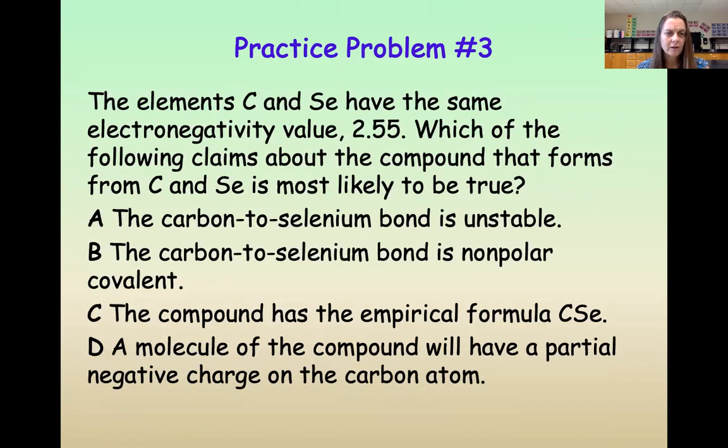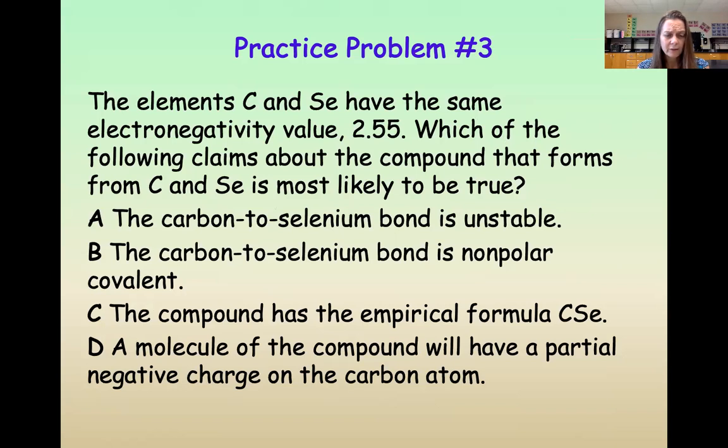These two elements, carbon and selenium, have the same electronegativity value. Which of the following claims is likely to be true? The carbon to selenium bond is unstable? Well, probably not. Carbon bonds pretty stably with most anything. The carbon to selenium bond is non-polar covalent. Well, with the exact same electronegativity value, that is going to be true.